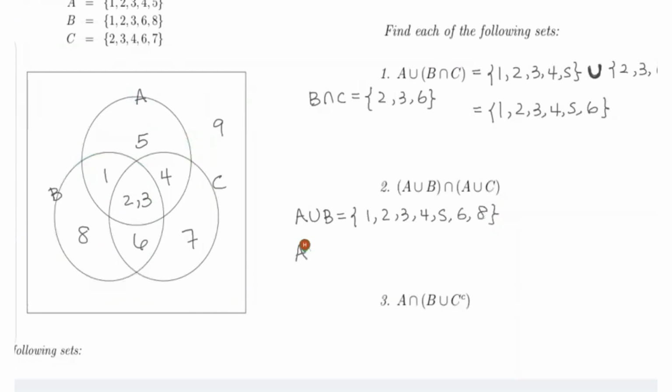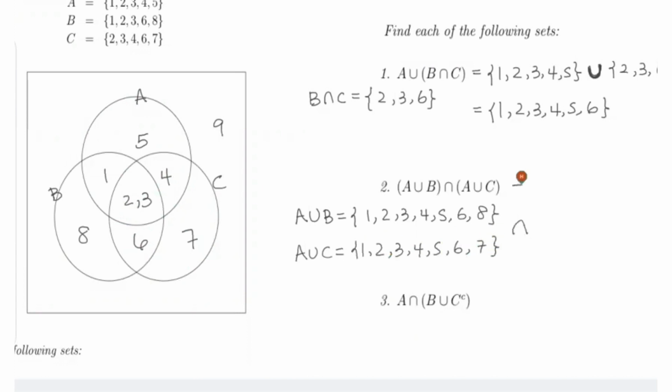A union C: everybody in A and C. Here is A and C. A union C is 1, 2, 3, 4, 5, 6, 7.